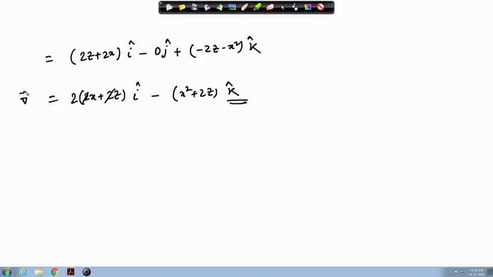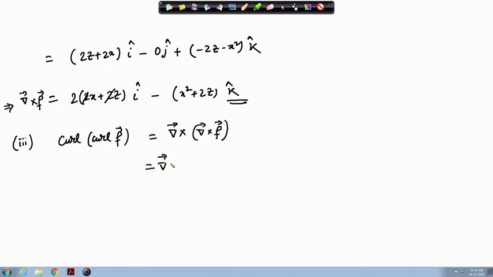So, I can write it as implication sign: curl of f, and our problem 3 is curl of curl of f. So, that means we basically have nabla cross product with nabla cross f. So, that means this is nothing but nabla cross 2 times (x plus z) times i minus (x square plus 2z) k.